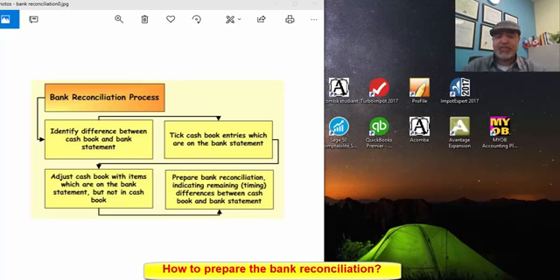Section number two or task number two will be how to prepare the deposit slip. The final section or part number three will be about how to prepare the bank reconciliation.